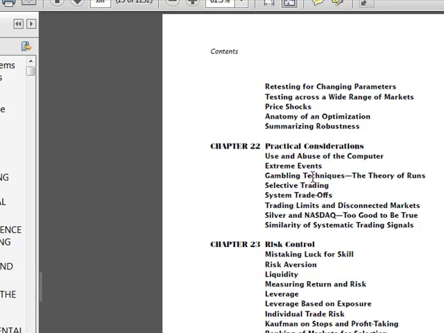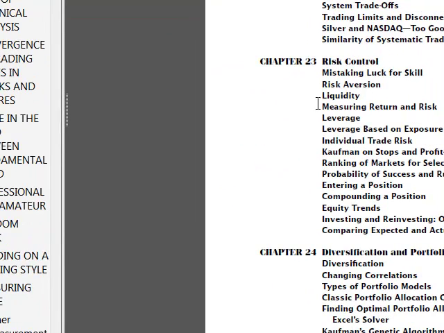There is gambling techniques, which is pretty popular, extreme events, trade-offs, system trade-offs, some sample signals and trading signals. Now, as I said, the last two chapters here, chapter 23 and 24, are important because it kind of walks you through all the potential things that you need to be aware of.